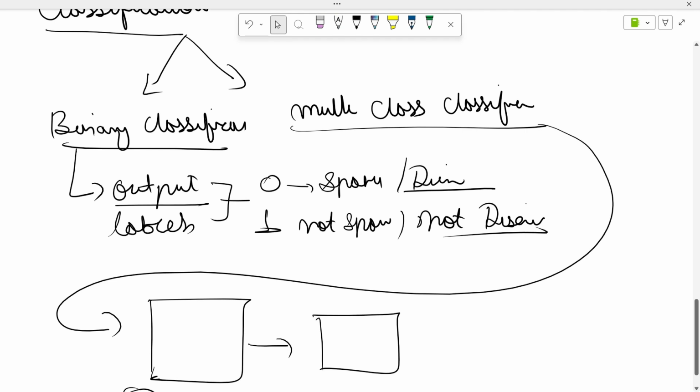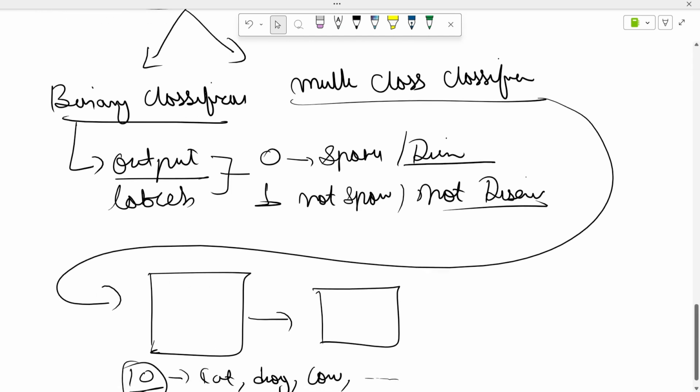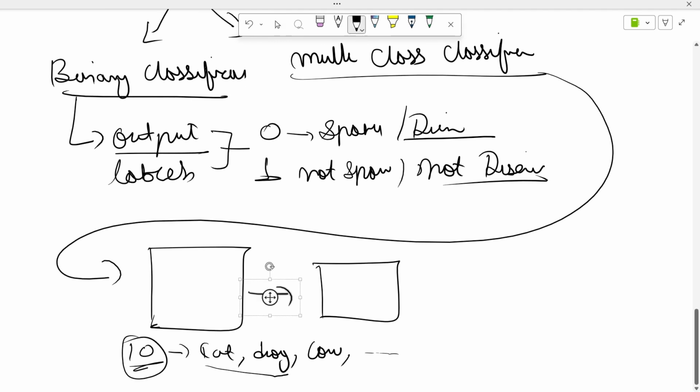According to your data, spam is 0 and not spam is 1, so the output is only two: this is present, this is absent. If you have only two animals to predict in image classification, then it is binary classification because you're differentiating between cat and dog only. But if you involve 10 animals or maybe 100 animals, then it is multi-class classification because the number of classes increased.